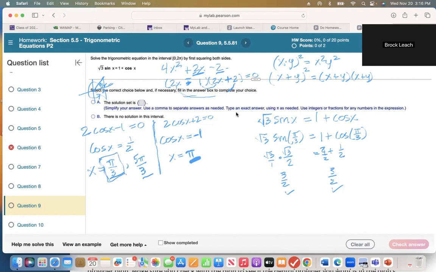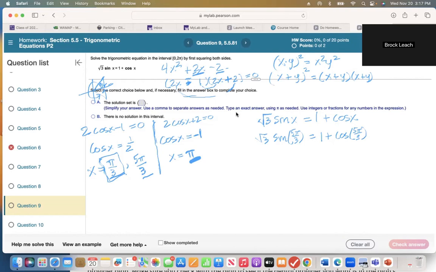Let's try 5 pi over 3. Everybody see what I did there? Any questions? Always, you can raise your hand if you missed something there. Let's try 5 pi over 3, which is in the fourth quadrant. 6 pi over 3 would be 2 pi.